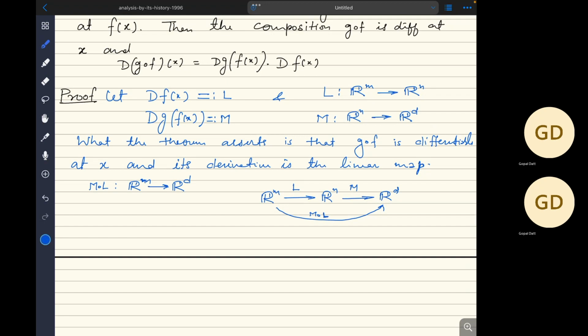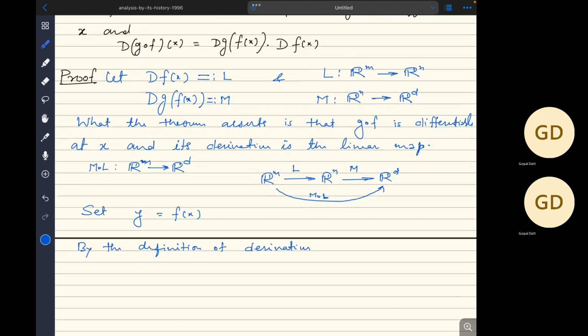At the beginning, let me set y equal to f(x). So now we use the definition of derivative. By the definition of derivative, f is differentiable at point x.